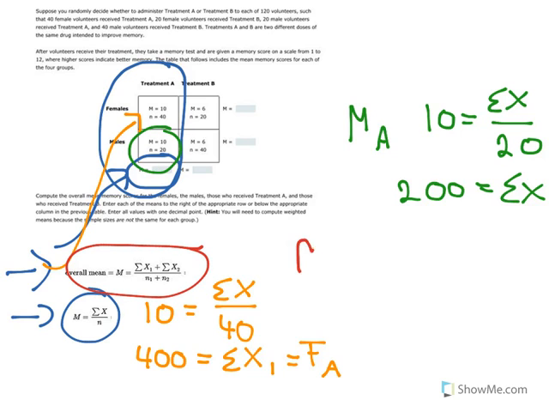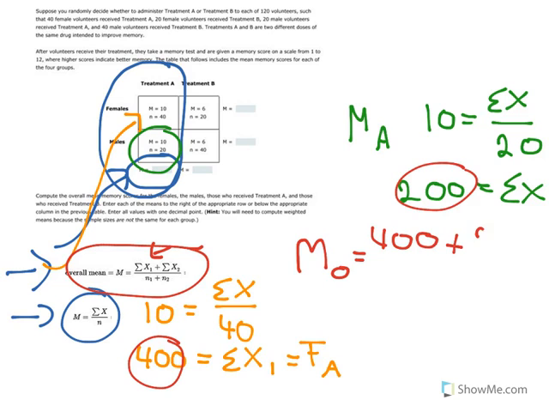So the overall mean is the sum of x1, which was the 400, plus the sum of x2, which was the 200. And that's where the weighing comes in, because the first sample had 40 n and the second sample only had 20 n.